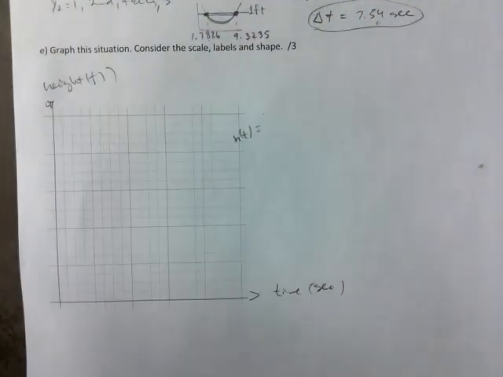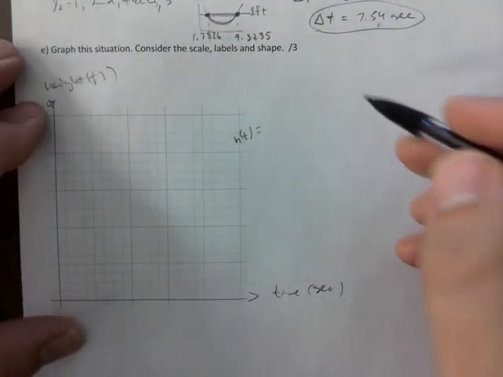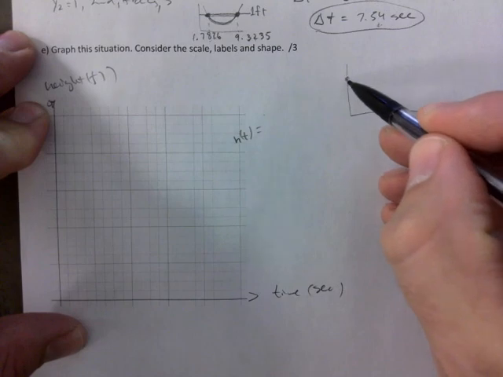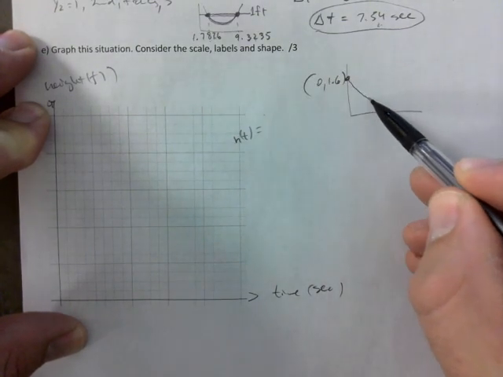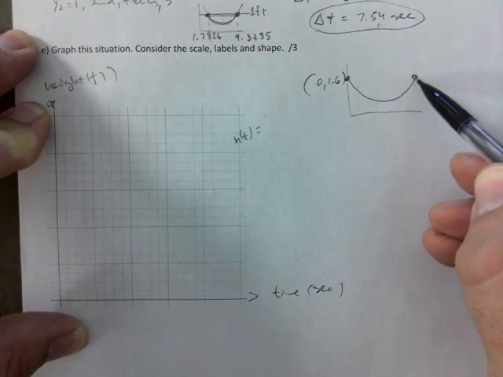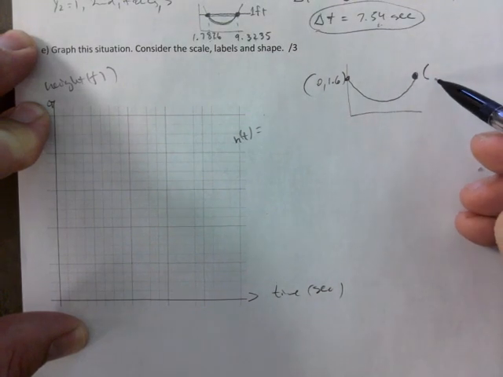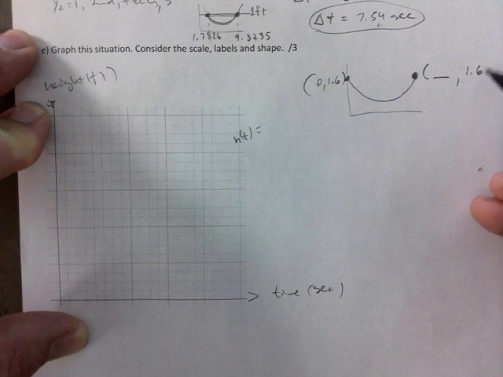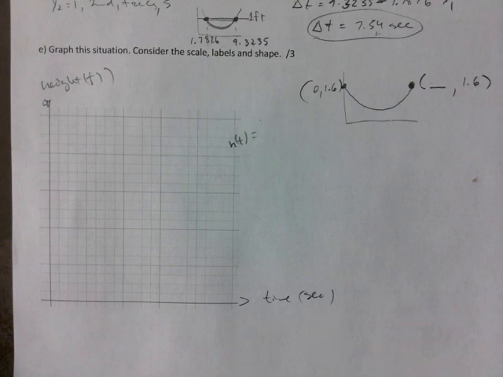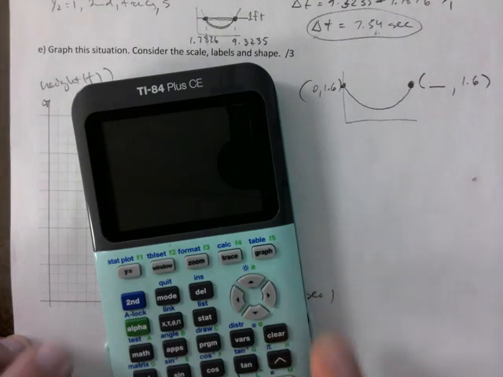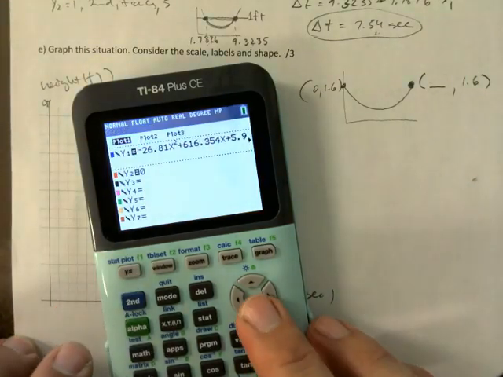And so the idea here is, let's make a little sketch. It starts at 0, 1.6, and it will fly and then it will be caught at the same height. So we need to know that, 1.6. We need to figure this out. You can use your calculator, you can use axis of symmetry, whatever works for you. So I'm gonna go find it.